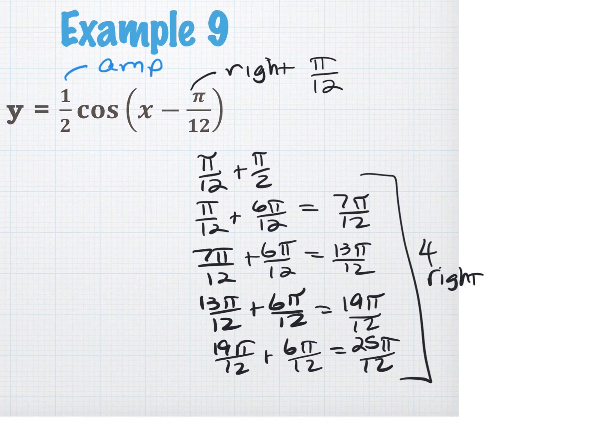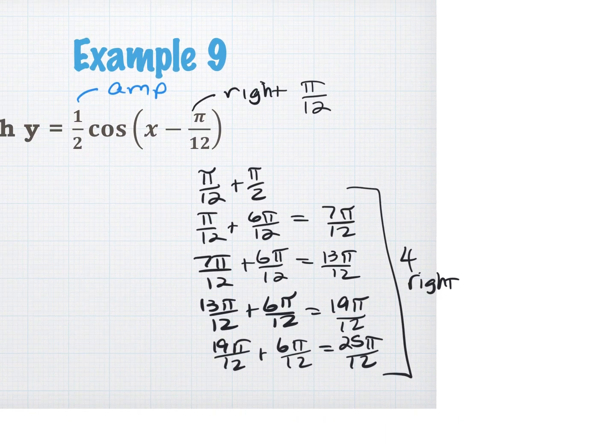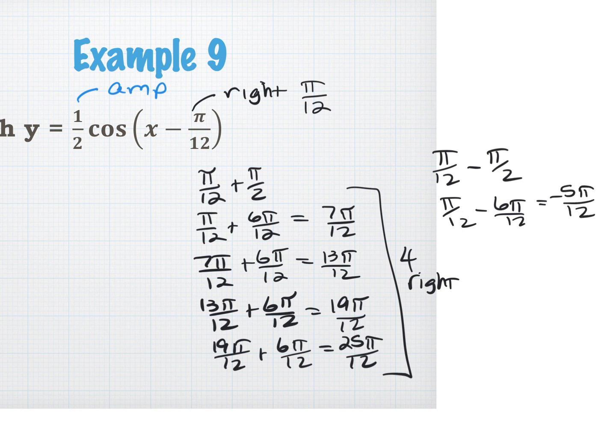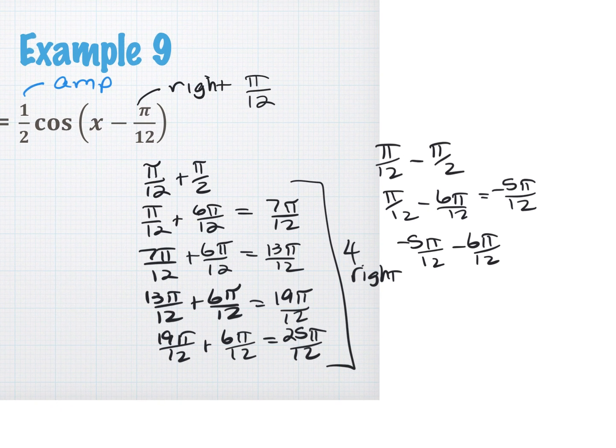And now I'm going to do 4 to the left. So again, the pi over 12 minus pi over 2. And again, common denominator, pi over 12 minus 6 pi over 12 gives me negative 5 pi over 12. And then negative 5 pi over 12 minus 6 pi over 12 is going to give me negative 11 pi over 12.